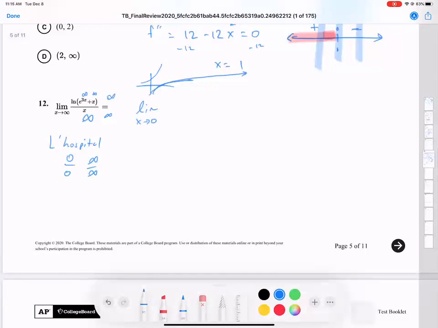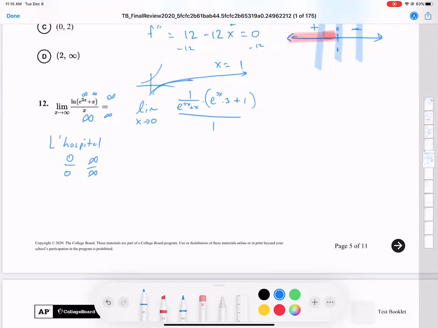So the derivative is 1 over e to the 3x plus x, times, chain rule, the derivative of e to the 3x is e to the 3x times 3, plus 1 over 1. So I took the derivative, and now we're going to try again.